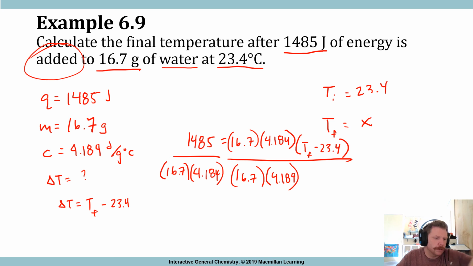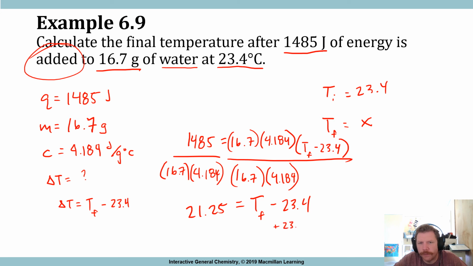And once we do that, 1485 divided by 16.7 times 4.184, close parentheses, 21.25 is equal to T sub F, our final temperature, minus 23.4.